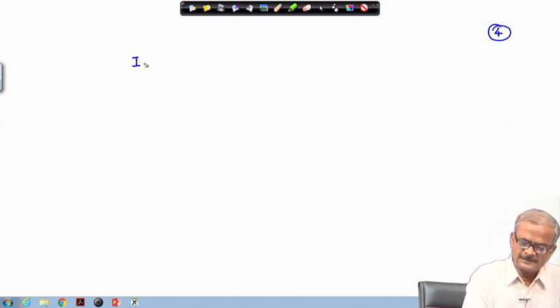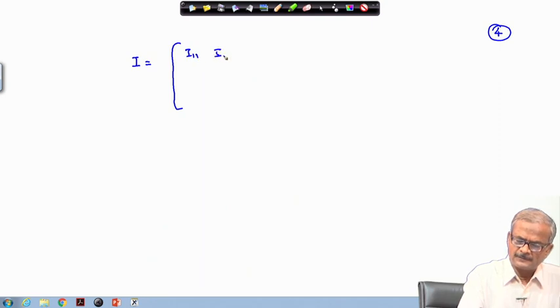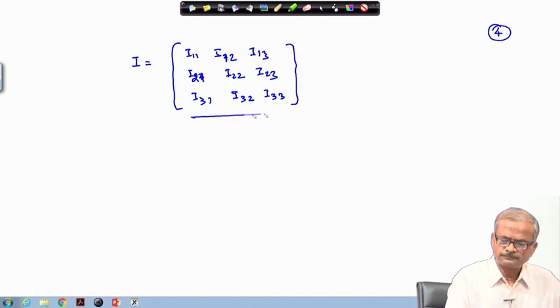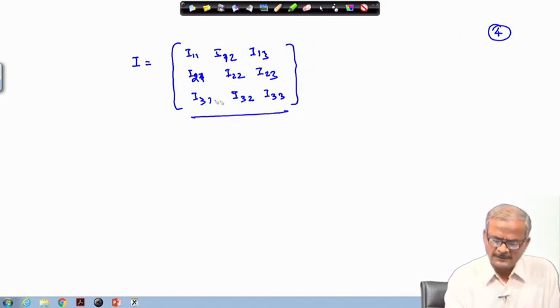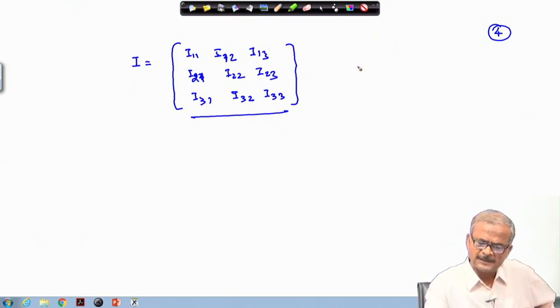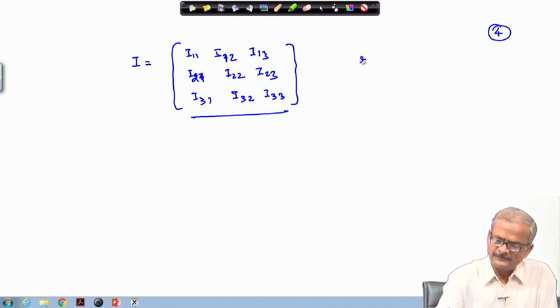The inertia matrix we are writing as I, with elements I 1 1, I 1 2, I 1 3, I 2 1, I 2 2, and so on. As I told you, if the off diagonal terms are 0 and only the diagonal terms remain, then these are the diagonal elements.